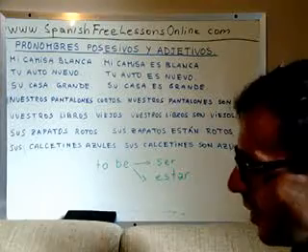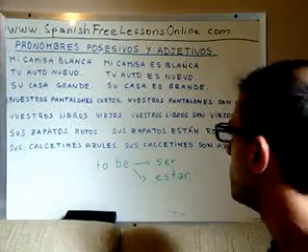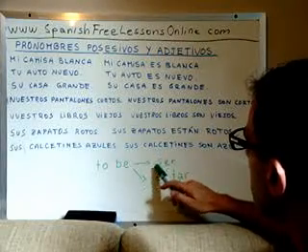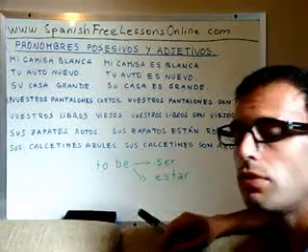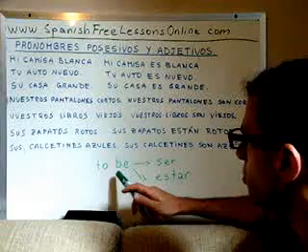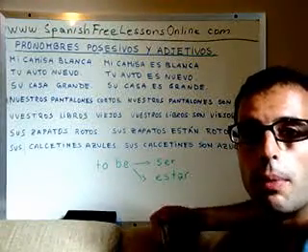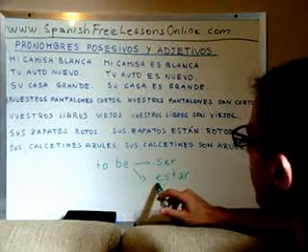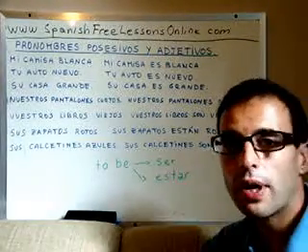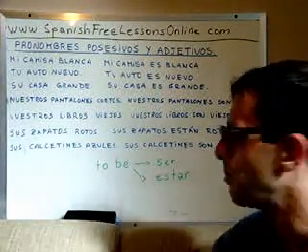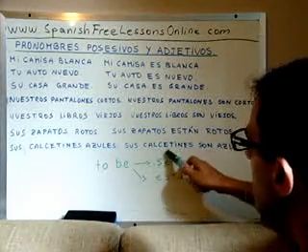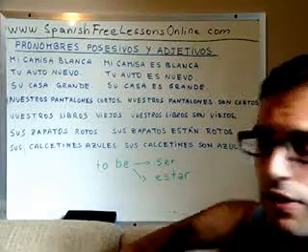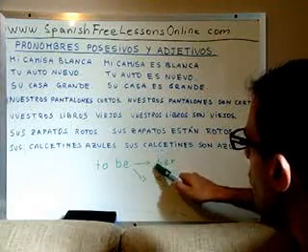Okay? So, if you remember from our previous lesson, the verb ser is the verb to be, but is used for a permanent situation. And the verb estar is used for a more transitory situation. For example, Yo soy un hombre.